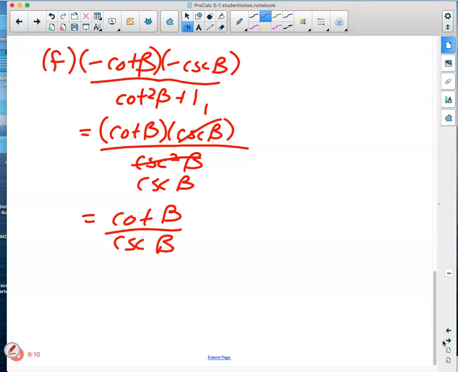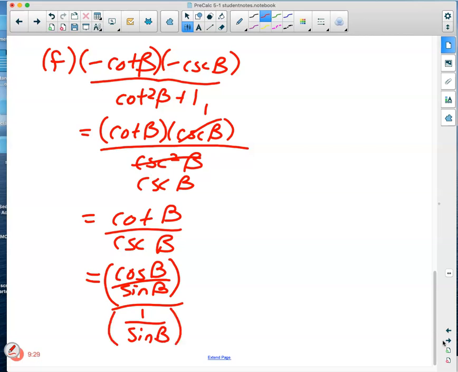And those are both secondary trig functions. So maybe I better see what those look like in terms of sine and cosine. And cotangent is cosine of beta over sine of beta. And I need to divide that by 1 over, cosecant is the reciprocal of sine, so that'll be the sine of beta.